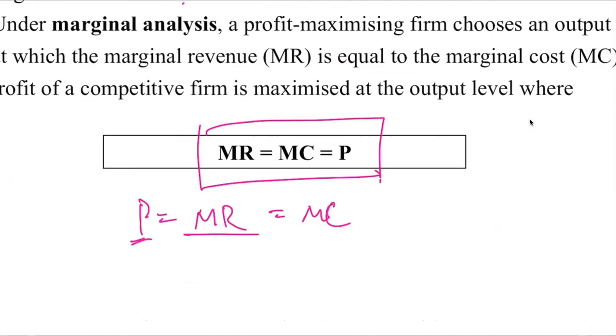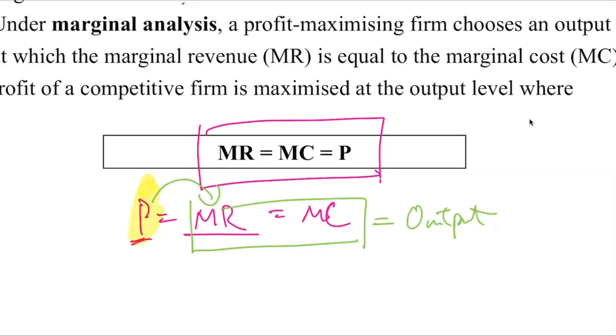Most of the questions, 90%, will have the price. Once we know the price, we know the marginal revenue. Once we know the marginal revenue, we will find the quantity, or the output level, where MR equals MC, and that one will be the profit maximizing output. Once we can find the output, then we can calculate the profits.